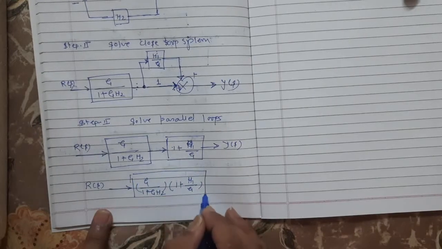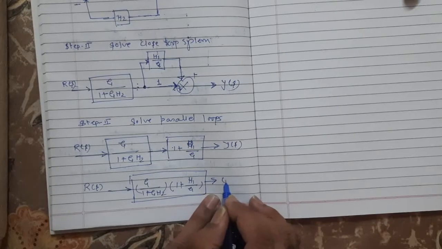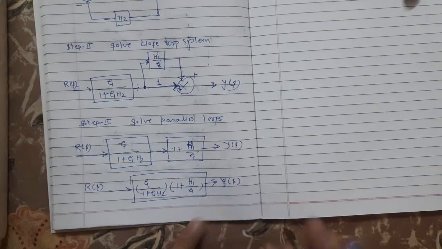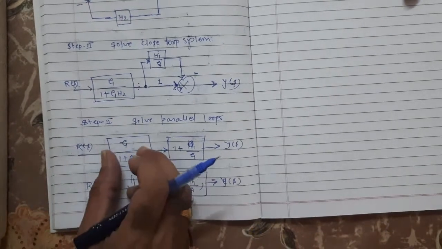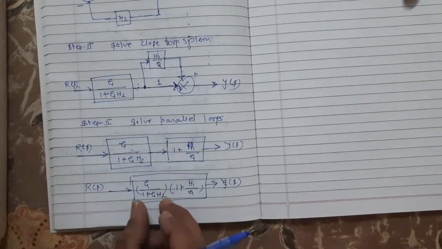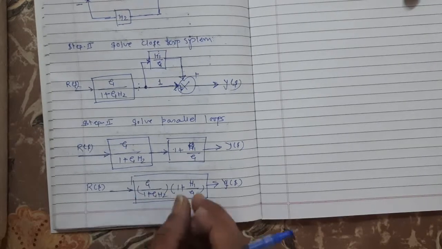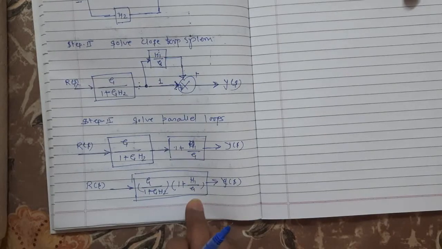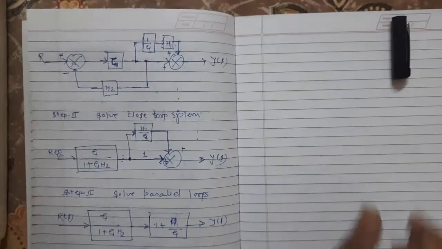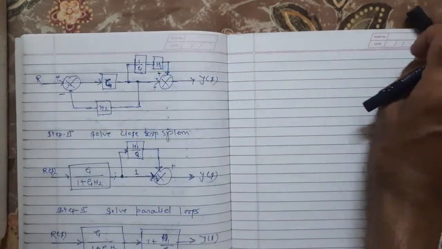We can multiply these two blocks when they are connected in series or in cascaded, and here is the Y of s. So this is the first block and this is the second block. So the first block is G divided by 1 plus G into H2 multiplied by the second block, 1 plus H1 divided by G. So now we can write down like this.